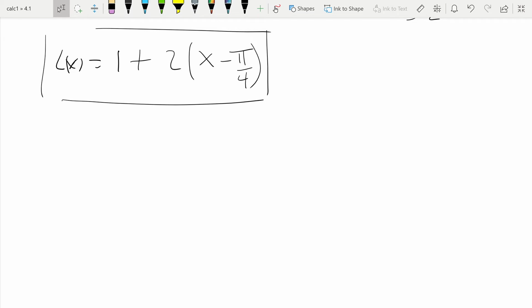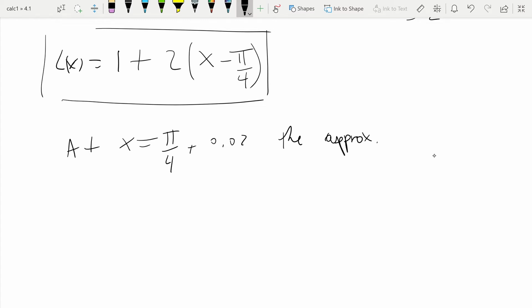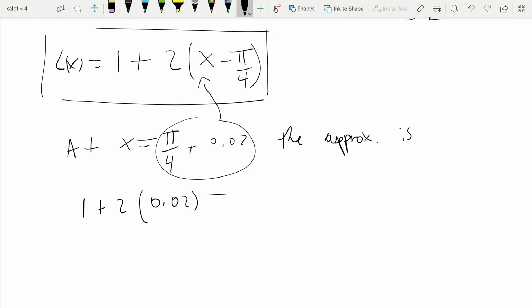So at x equals pi over 4 plus 0.02, the approximation we have is 1 plus 2 times 0.02. We just plug this value in here, and this gives us 1.04.